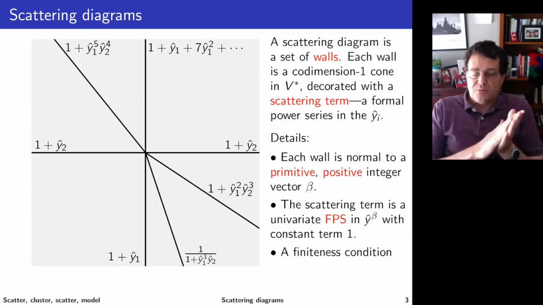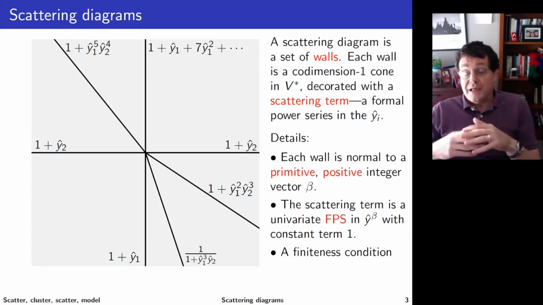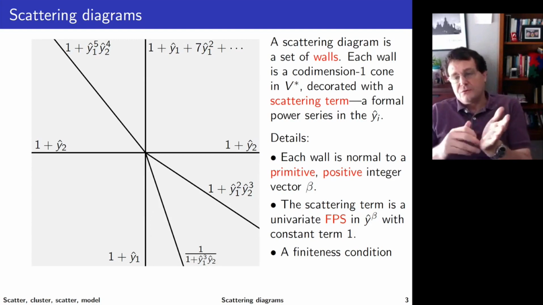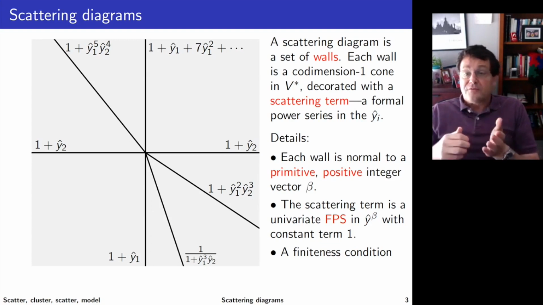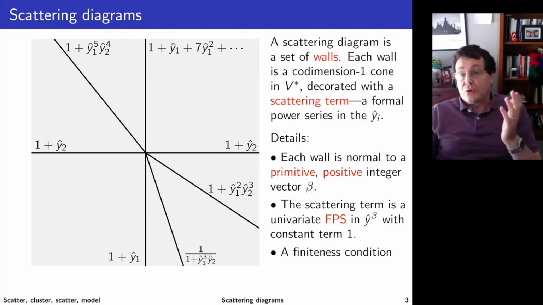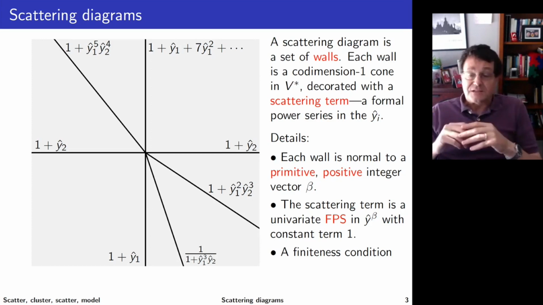Slightly more detail. Each wall has a normal vector. So the wall lives in the dual space. It has a normal vector in the space V, and we'll take a primitive one. Each wall has to actually be normal to an integer vector, but we'll take a primitive positive integer vector. So the wall actually has to be normal to a vector with non-negative coefficients.